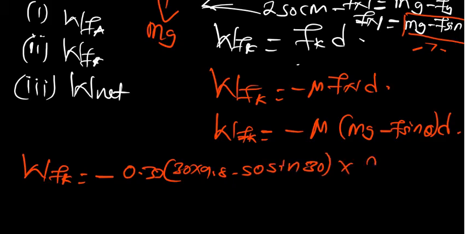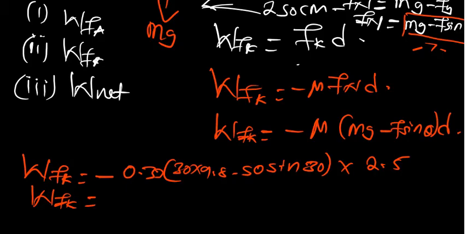Now, what's going to happen if I find the answer? Inside there is 50 sine 30, and 50 sine 30 is going to be 25. Then 30 times 9.8 is 294, minus 25, I'm getting 269. 269 times 2.5, I'm getting 672.5.